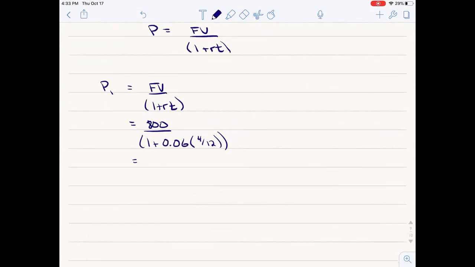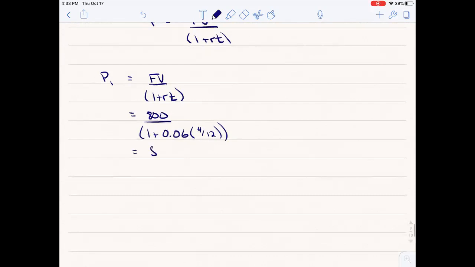So I've got 4 over 12 times 0.06 plus 1, which is 1.02. I'm skipping some steps here only because I'm feeling lazy, since I know I'm going to have to calculate 3 of these.